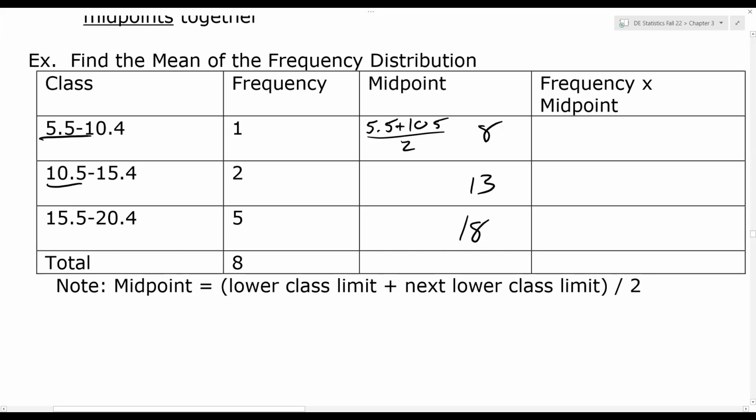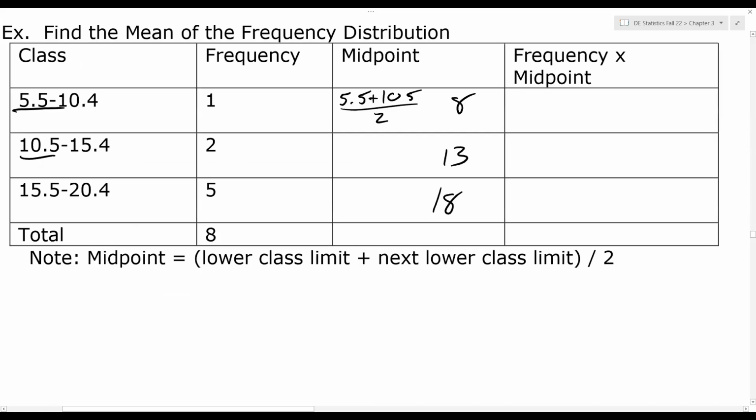So what I'm going to show you is the easy way to find the mean using a frequency distribution. I'm going to start by showing you the long way. Essentially, once I found a midpoint, I now can reconstruct my approximation of the raw data set.